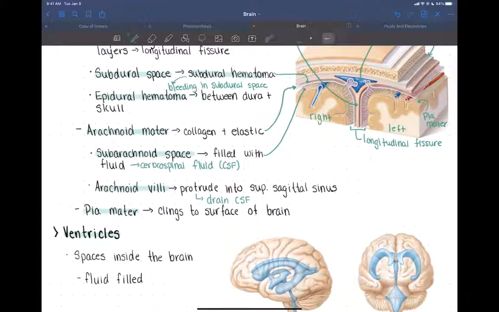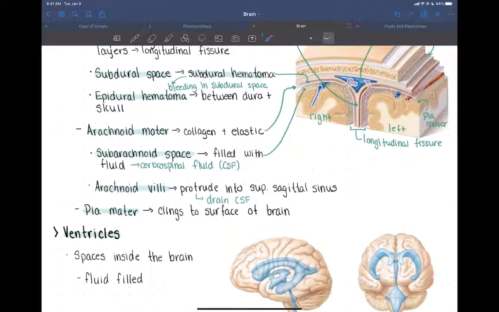It sits on top of the brain and folds down into the indentations on the brain. We know the brain looks really wrinkly, right? Those wrinkles are all filled with pia mater. So it sits directly on the surface of the brain. So that's outside of the brain.